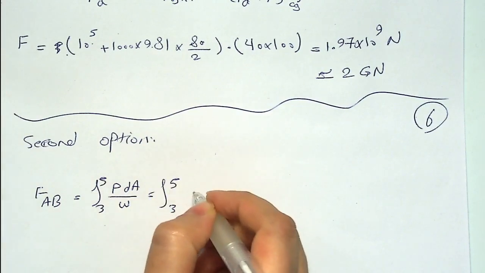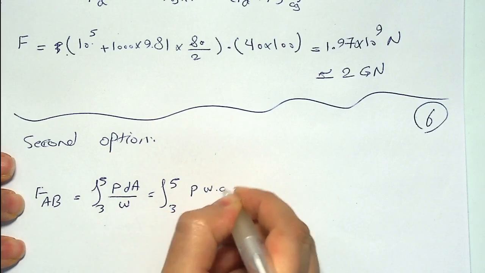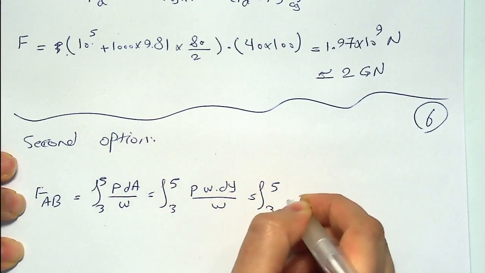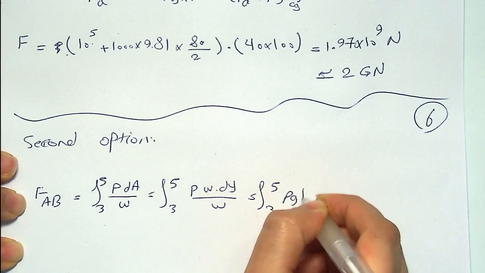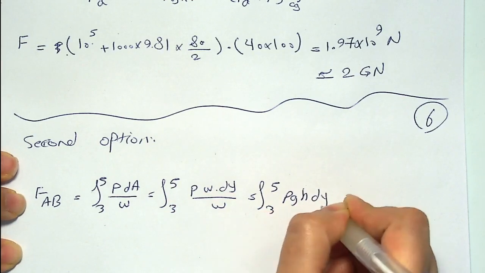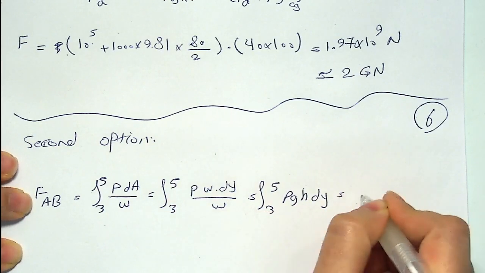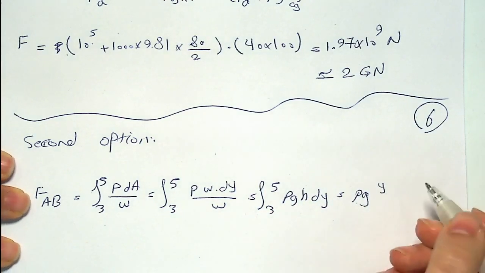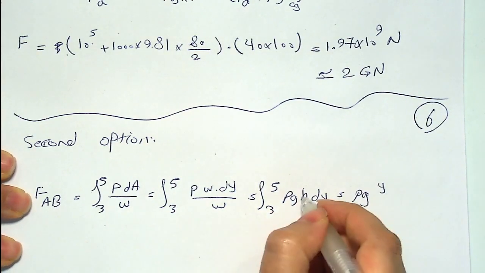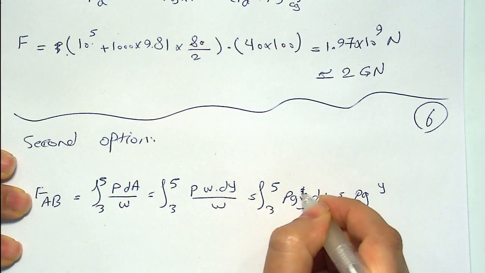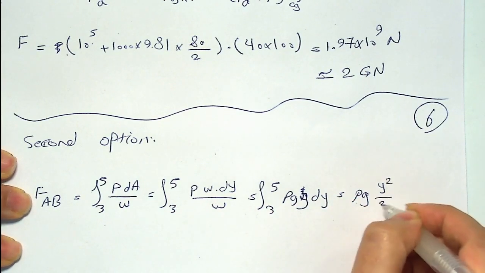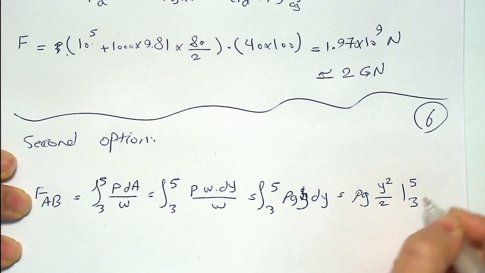I know dA is equal to W dot dy, rho GH dy. Rho G is constant. The integral of, okay, this is rho G y. Sorry. The integral of y is y squared over 2 from 3 to 5.